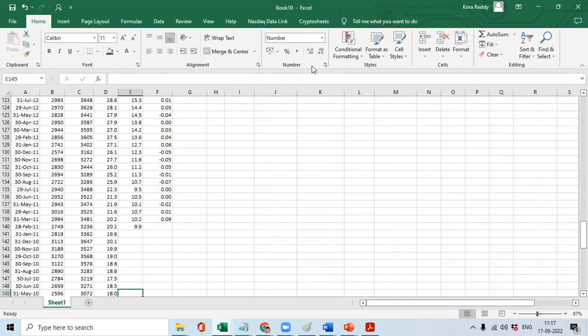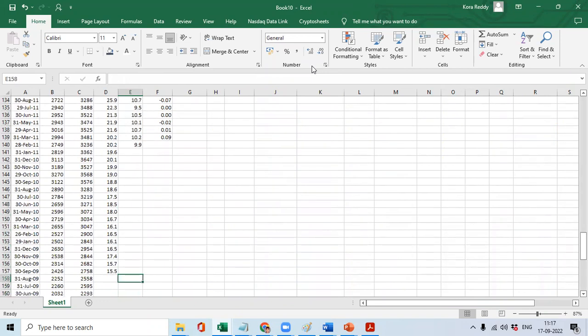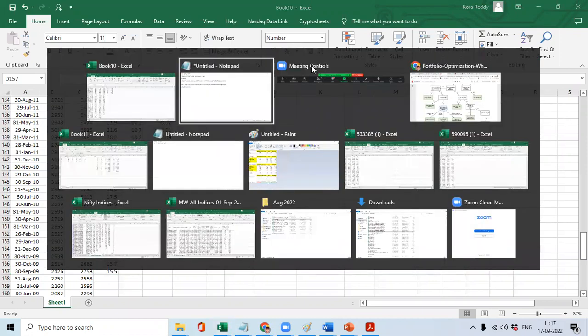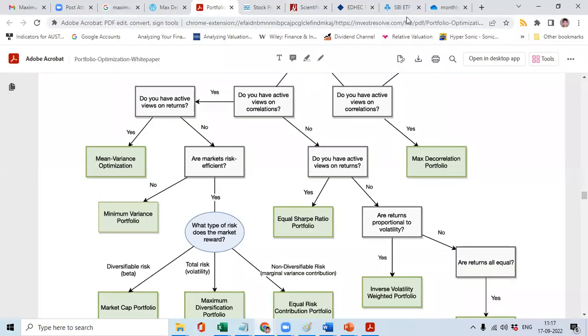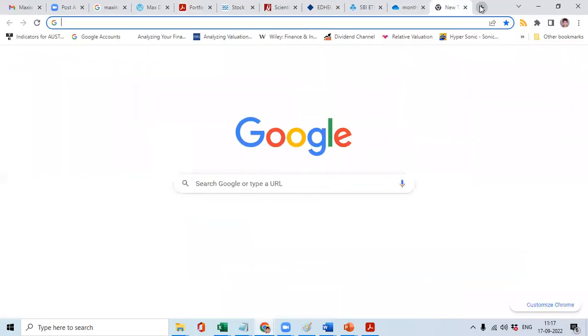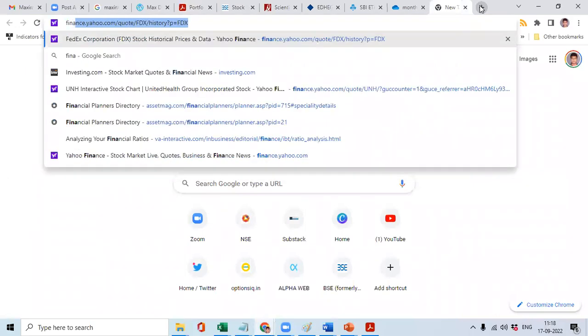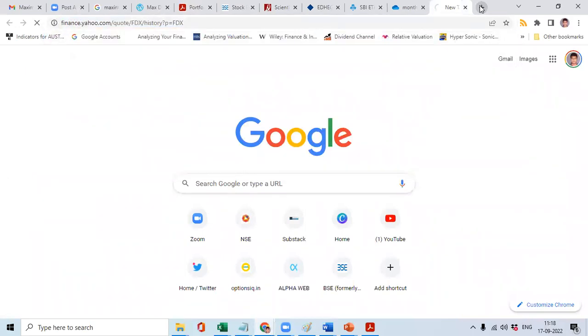That's the problem here. Otherwise, everything else is there. So to solve this dilemma, we will get NASDAQ's data from here.